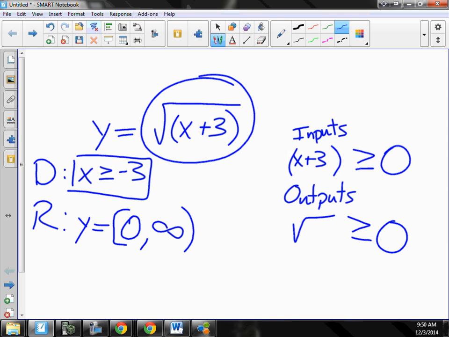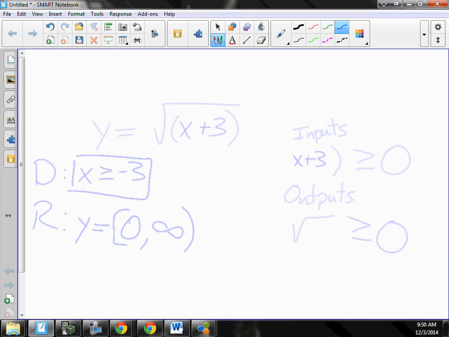So whatever happens here, the square root of 0 is 0, square root of 1 is 1, square root of 4 is 2, square root of 9 is 3. I can get out any number from 0 to infinity. You're always going to have some kind of infinity here on your range.